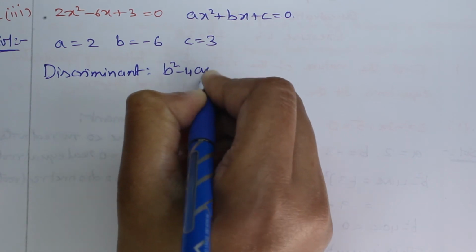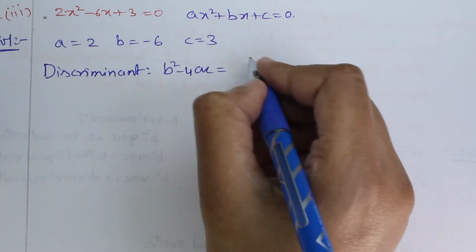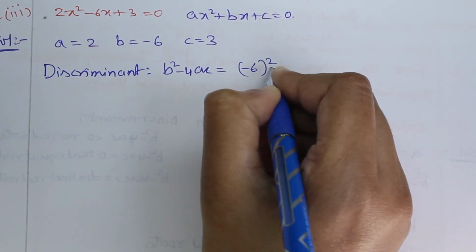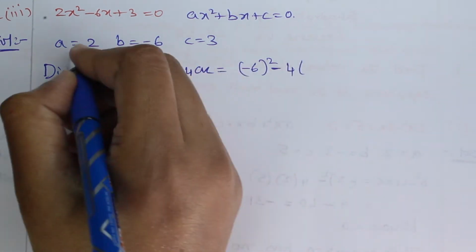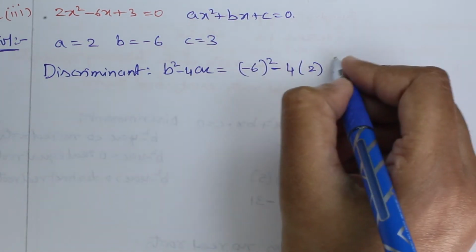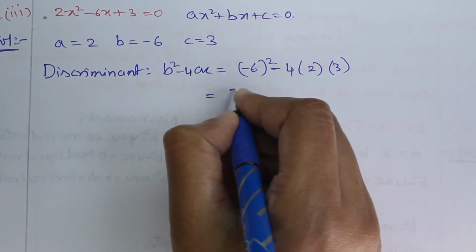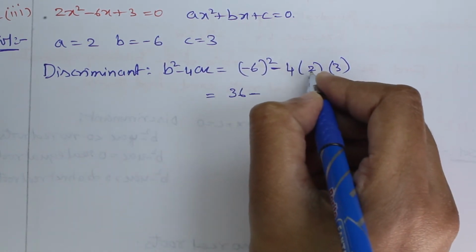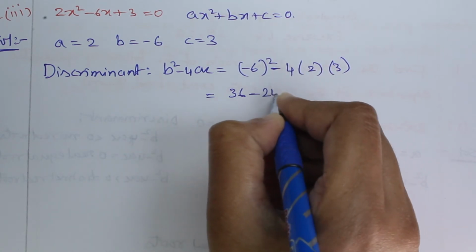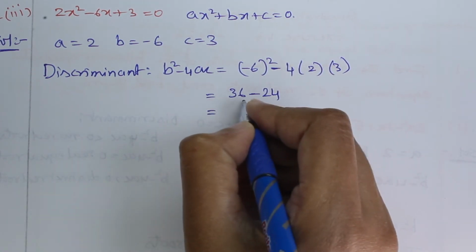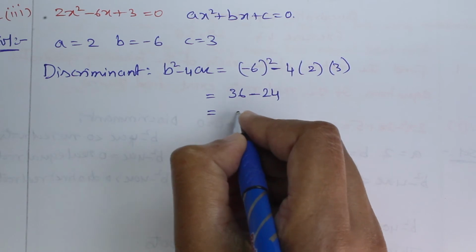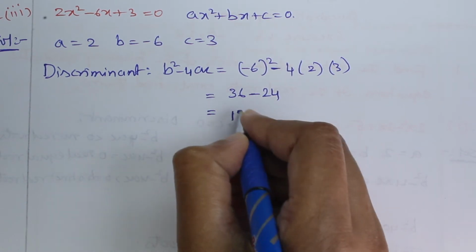b square minus 4ac, that is equal to b square is minus 6 whole square minus 4 into a is 2 into c is 3. That is equal to 6 square is 36 minus 2 3s are 6, 4 6s are 24. That is equal to 36 minus 24, which is 12.